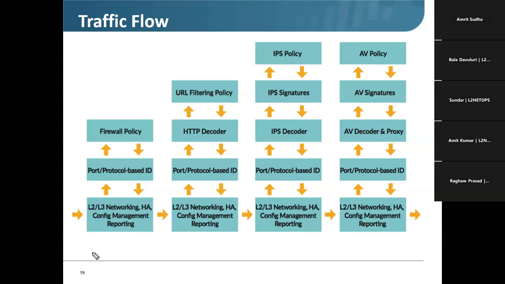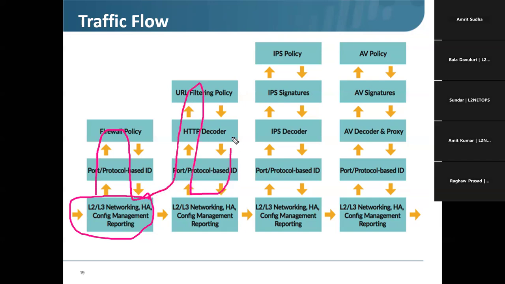See, for our understanding, they split this into multiple things. Let's assume this thing is happening here only. Now it is going like this, and then like this. Understood now?